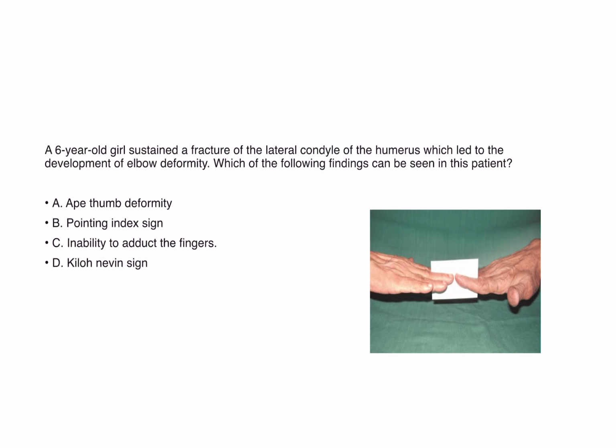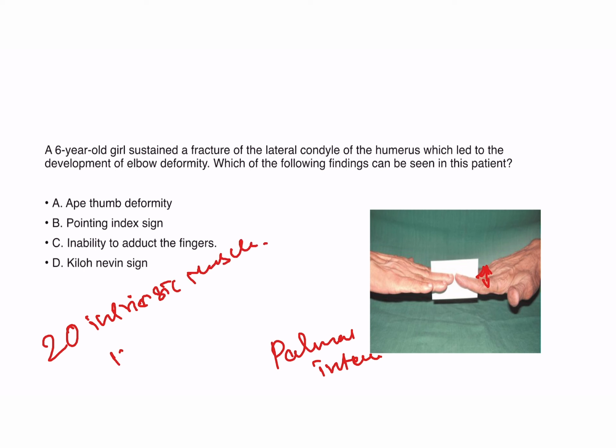Another card test. Again, this is assessing the adduction in between the fingers. Adduction in between the fingers is caused by palmar interossei. You know why ulnar nerve is called a musician nerve? Out of 20 intrinsic muscles of the hand, 15 are supplied by ulnar nerve.